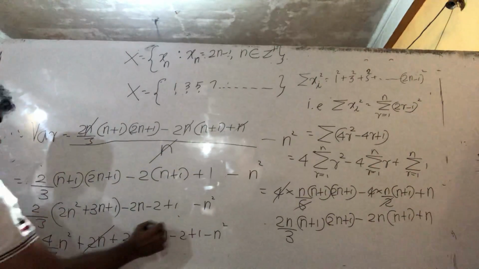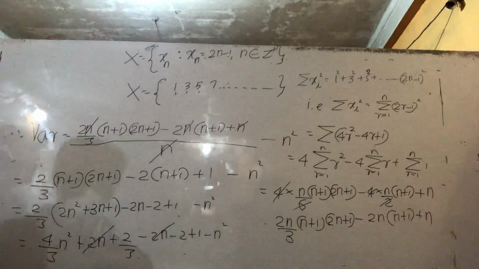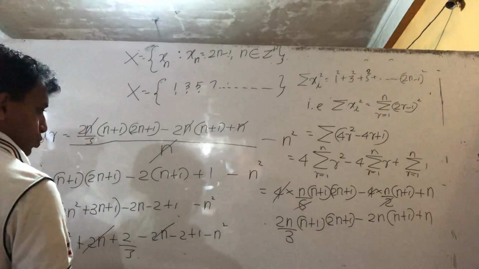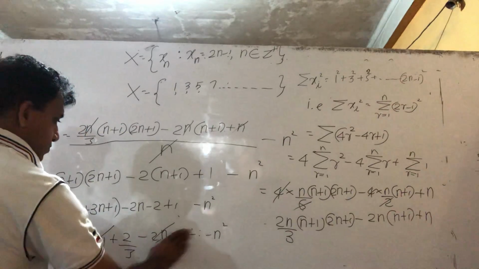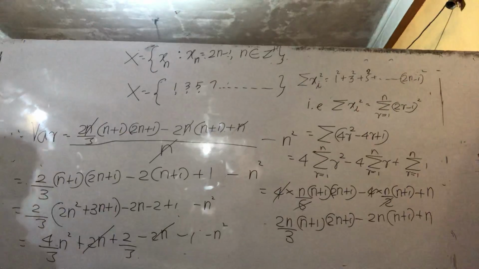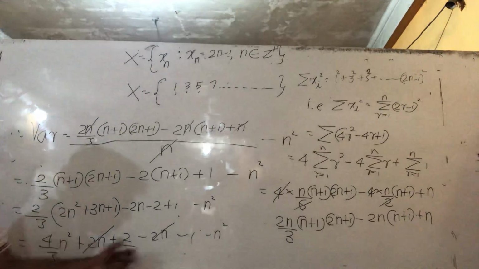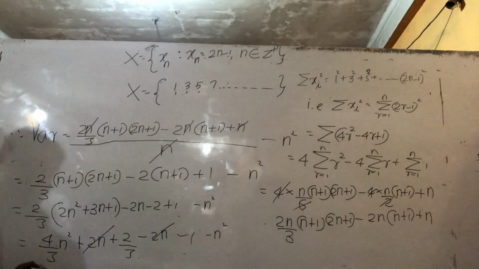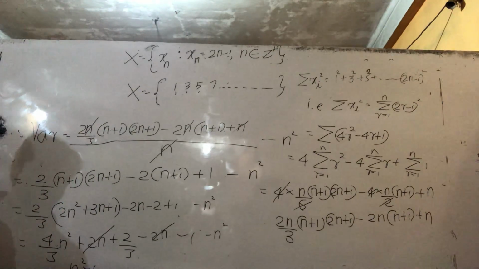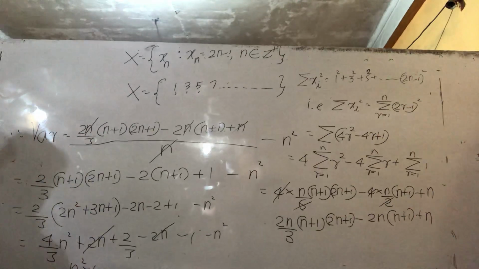The 2n cancels. Just simplify minus 2n minus 2 and plus 1, and if you simplify that, taking the LCM of 3 and 2, you can get the answer. The answer becomes n square minus 1/3, simplify that, right? You can get the answer.